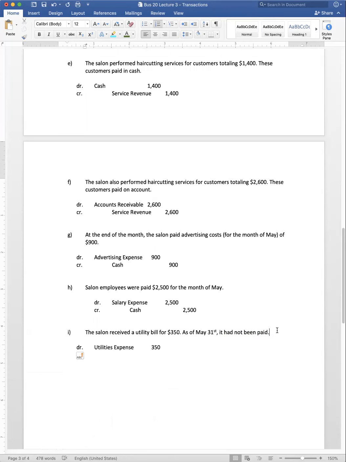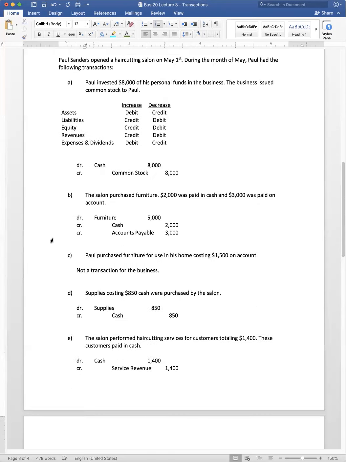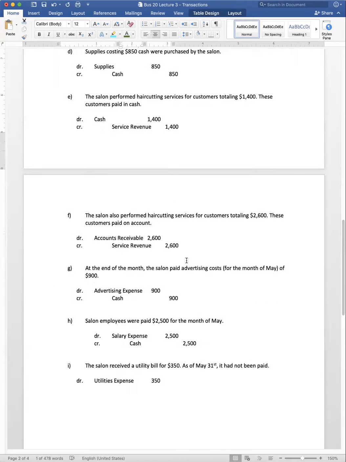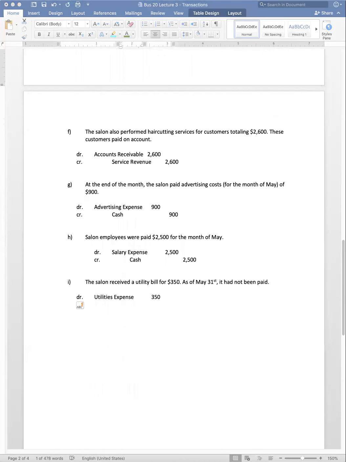It means cash is not involved, but we do have that bill to be paid, and we have an account for that. We call that accounts payable. We know it's payable because when this payment is finally made, that cash is going to be leaving the company. We're going to be paying it. So we have a bill that hasn't been paid. That's accounts payable, and that is debt. That is a liability. So do we have more debt or less debt? It's pretty clear we have more debt. So our credit is going to be accounts payable.